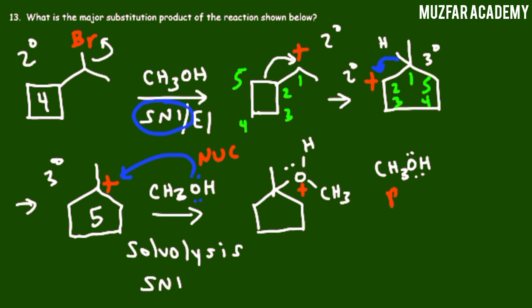But here, it's going to act as a base, in that it's going to abstract a proton, because that's what bases do. So that's the difference between a base and a nucleophile. Bases, they go for protons, they abstract hydrogen atoms. Nucleophiles, in the context of organic chemistry, they typically react with electrophilic carbon atoms.